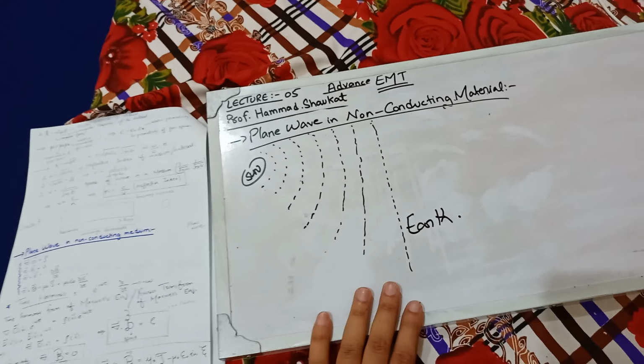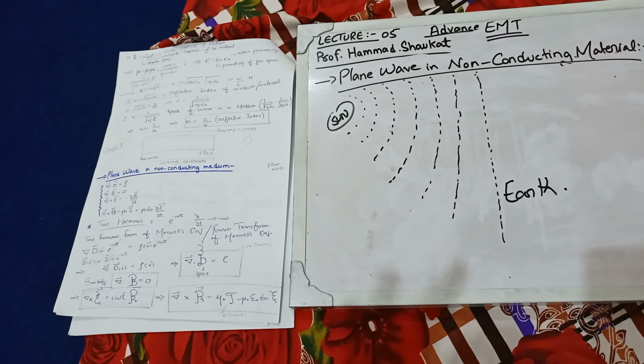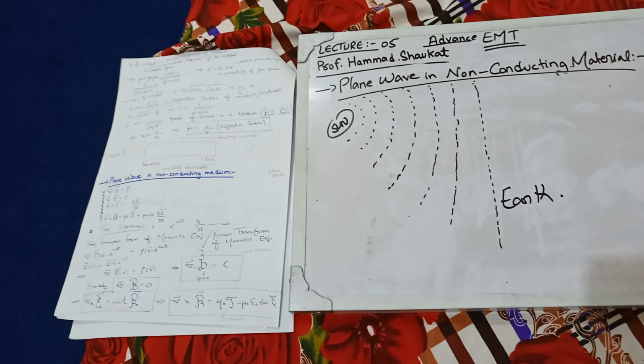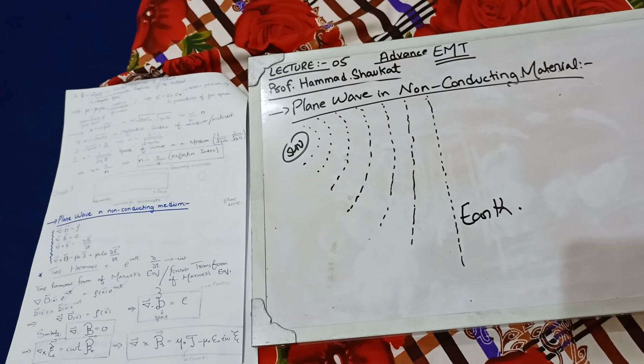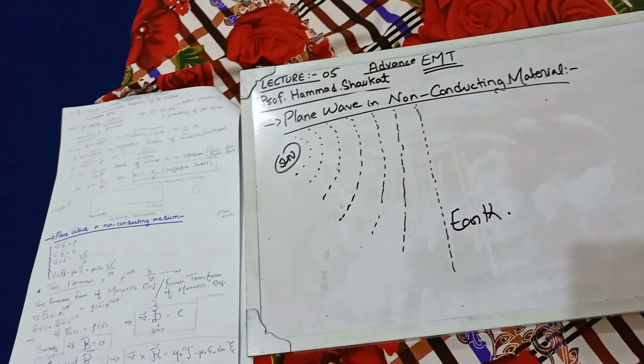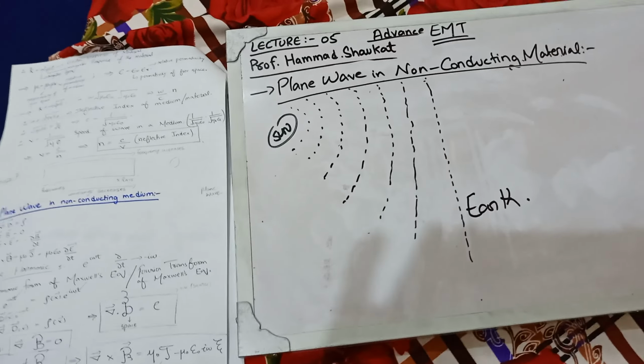So there is nothing on this earth, or at any point in this universe, that can generate a true plane wave, because our universe is not infinite, it is finite. This is the fact I told you.